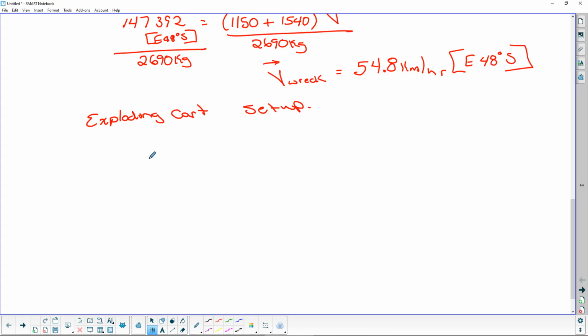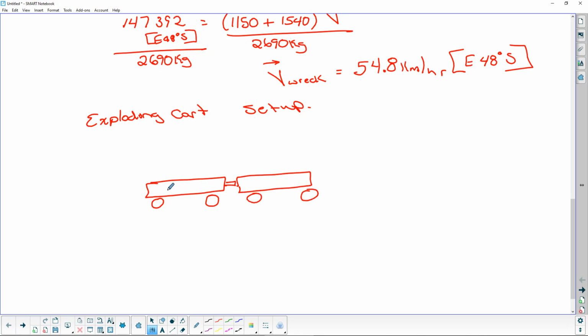Okay, so the first thing is you need 2 carts, some masses, and 2 ticker timers. So what you usually do is you set up your carts back to back. Now you have to know the masses of the carts.